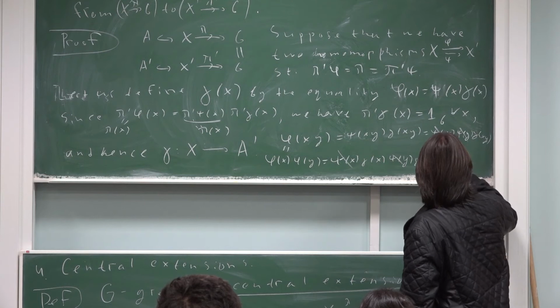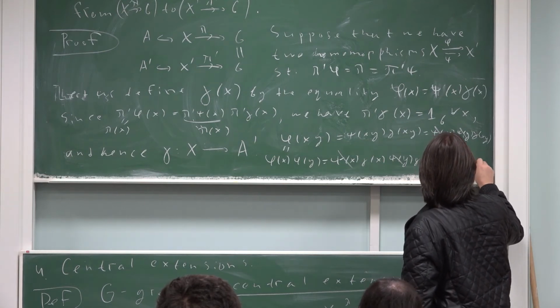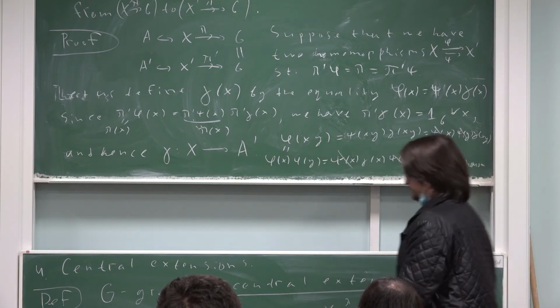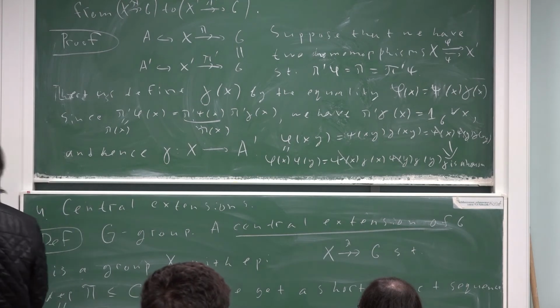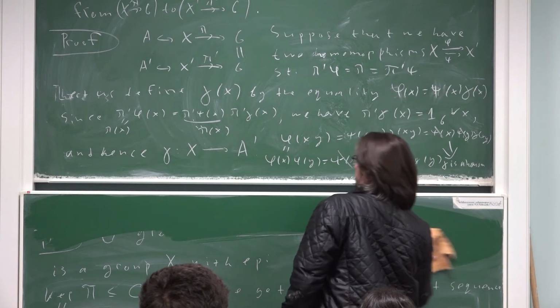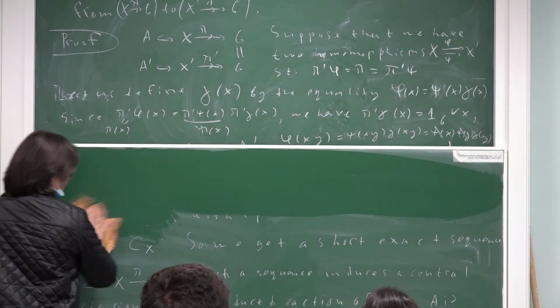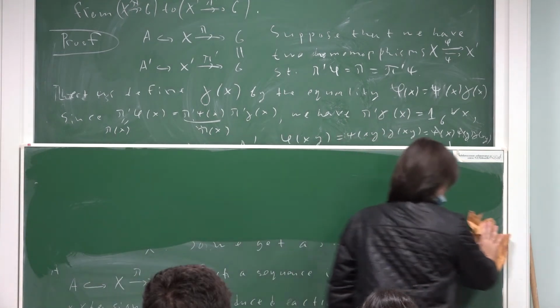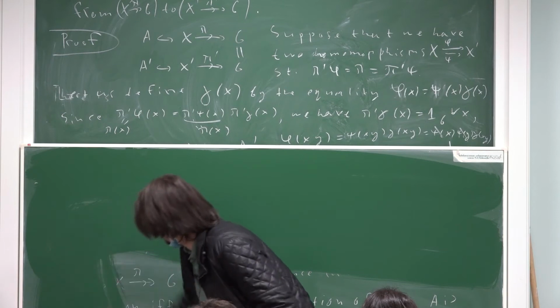And so we get that gamma is a homomorphism. So we got a homomorphism from a perfect group to an abelian group, and you know that such a homomorphism is trivial, yes?